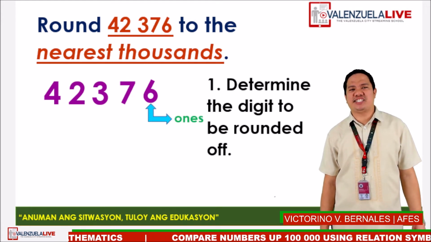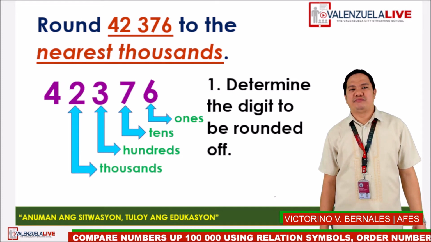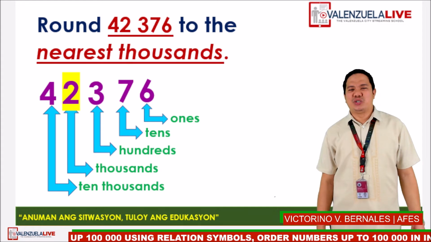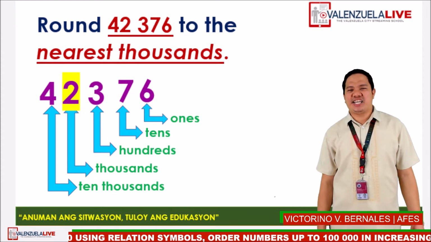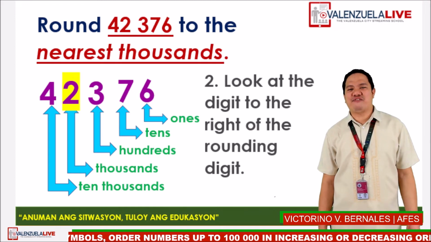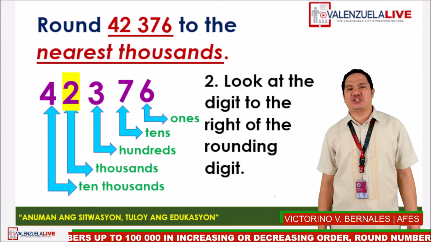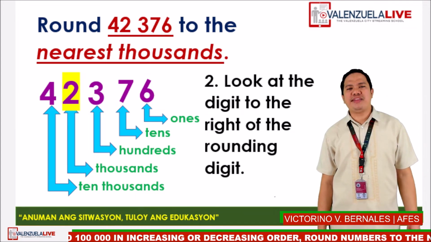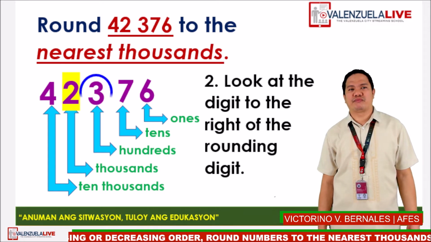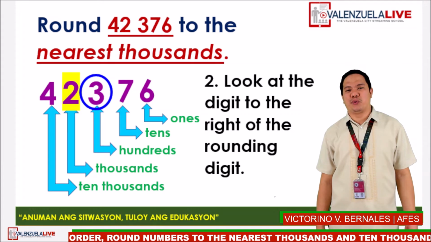What digit is in the thousands place? Right. 2 is in the thousands place. Then, we have to look at the digit to the right of the rounding digit 2. What digit is at the right of 2? Very good. 3 is at the right of 2.